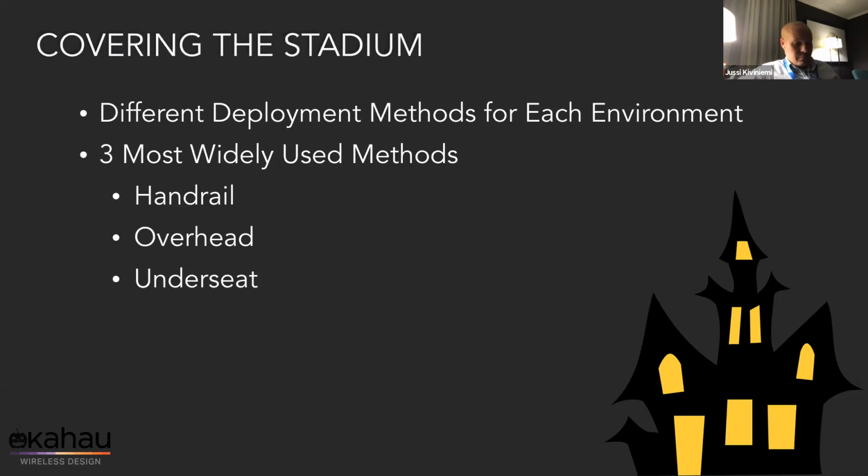So there are some problems with mixing design methodologies, particularly within the bowl spaces. Oftentimes, even with underseat, you'll have an overhead directional deployment out in concourse spaces, or maybe shooting back away from the bowl in some of the outdoor premium areas up high. But when you mix the deployment models, you may have an overhead shooting down across multiple railing sections, and you're having a tougher time containing your cell.